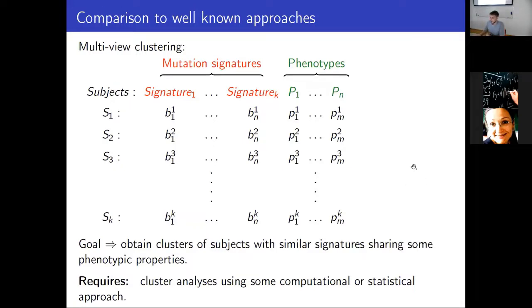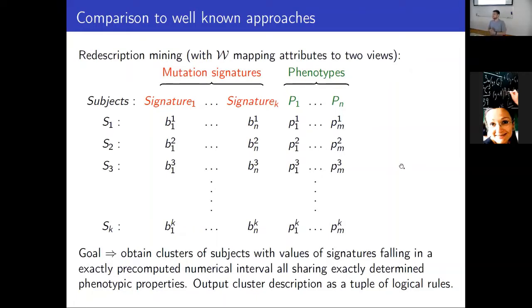And then we finally come to the main point of redescription mining, which, in addition to finding these groups that can be described by more than one set of attributes, also discovers some rules that describe these instances. So we basically know the properties that are valid for these groups.